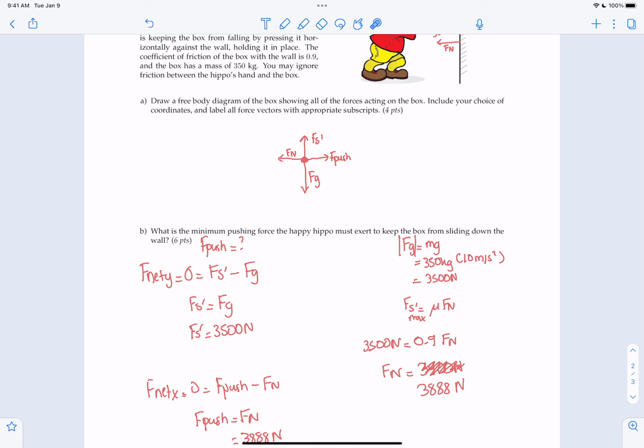I think next week we're going to do something with centripetal motion. So if you're on a roller coaster ride on a loop-de-loop, they'll ask you, okay, what's the minimum force that is gonna keep the roller coaster in contact with the track?